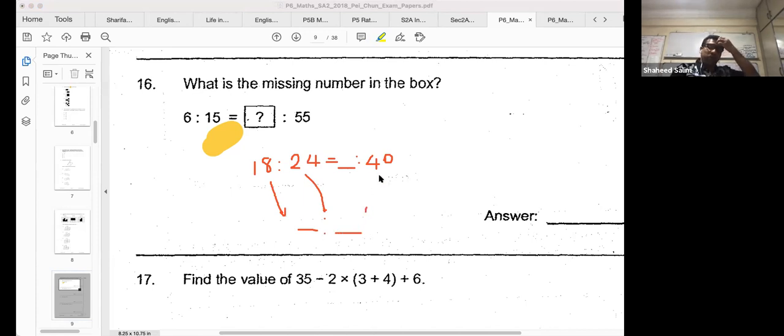Reduce first, then from here you times on here. Akil, you can do it mentally. I believe in you. What's the answer? Give me your answer for this one only.